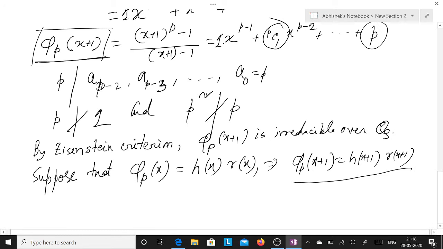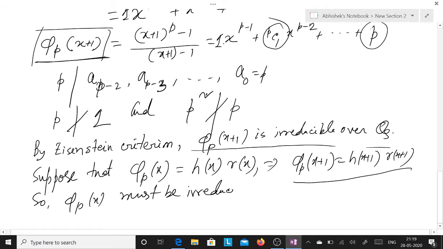But this will contradict our proof of the irreducibility of phi p of x plus 1 over Q. So this contradiction gives you the answer to this problem, that phi p of x must be irreducible over Q.